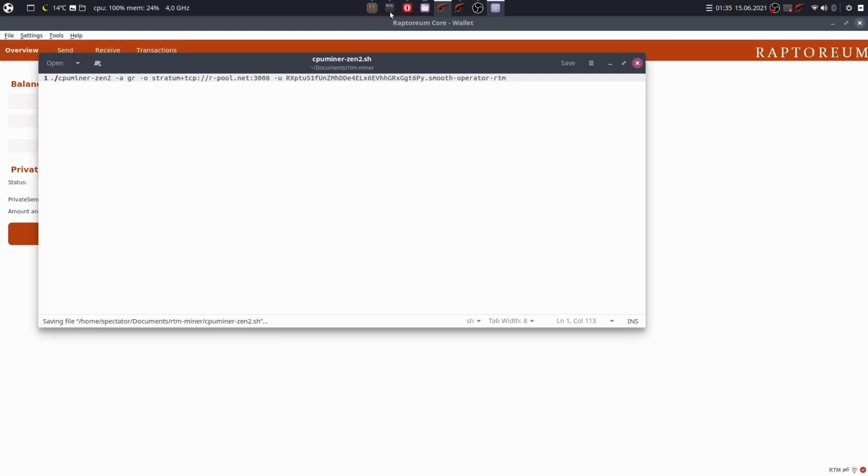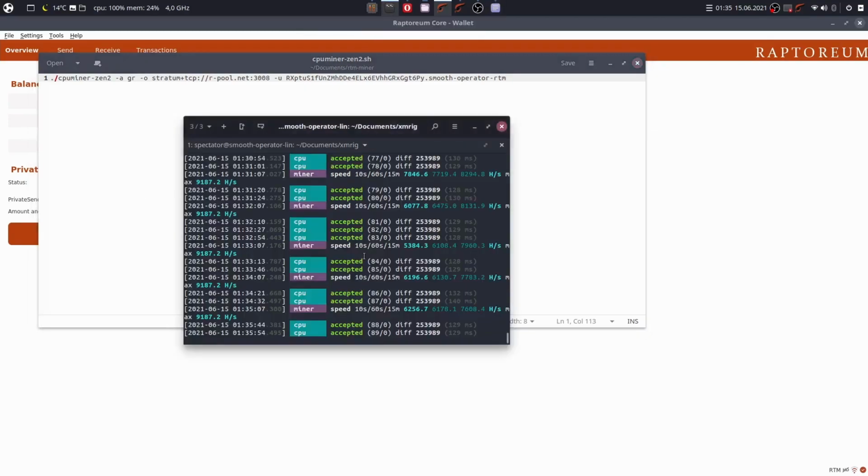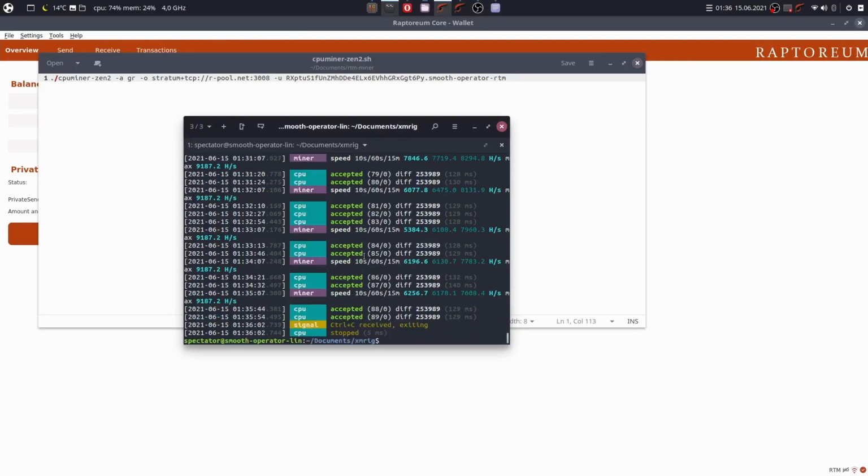and run this miner. Step 1, error, change folder to RTM miner.